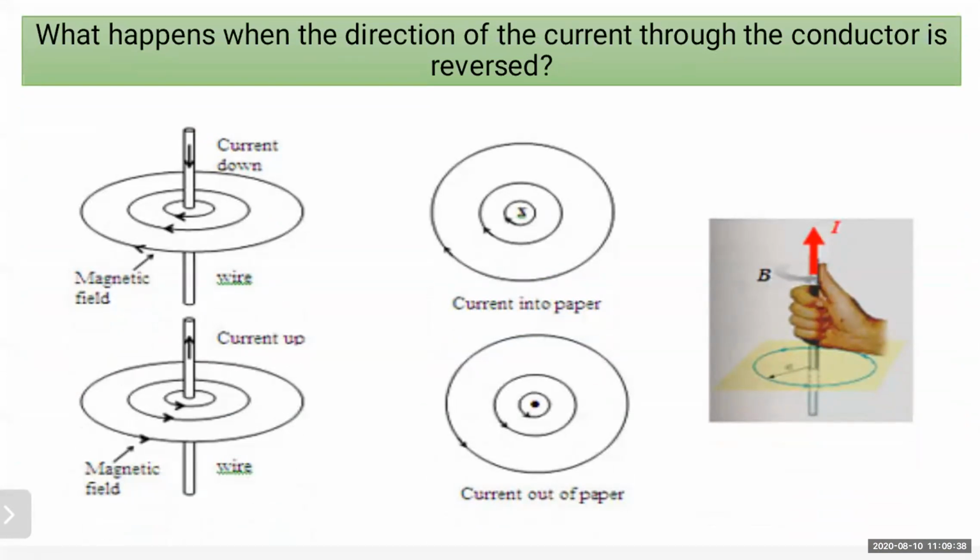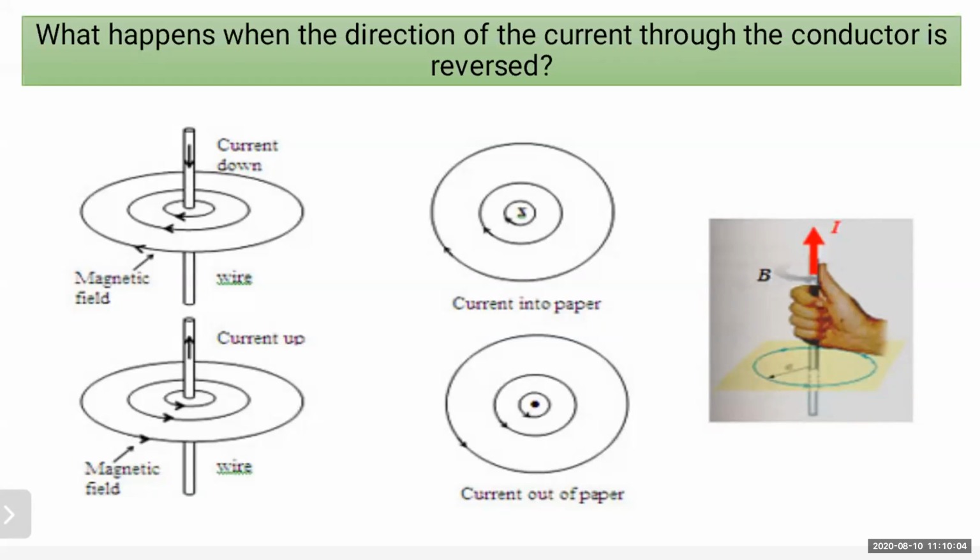We have seen in the previous slide that in the right hand thumb rule, the thumb points upward. If you reverse the thumb position, if the thumb points in the reverse direction, what will happen?